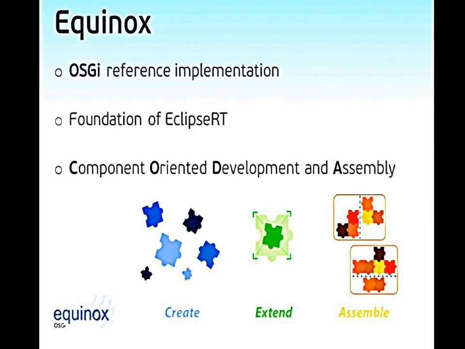So at the bottom of everything runs Equinox. Equinox is the OSGi runtime implementation, the reference implementation. It's kind of the basement, the foundation of Eclipse RT. Everything is meant to run on Equinox, but we found that, for example, a lot of those Eclipse RT projects run perfectly without Equinox.